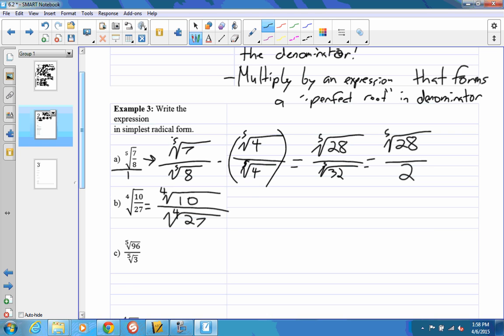So what am I going to multiply by? It's going to be a fourth root. What do I need to multiply 27 by to have a perfect fourth? 3.